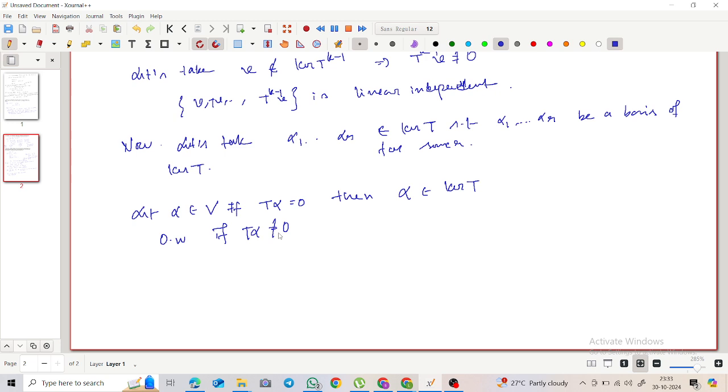Wait a minute, this is taking very long. So I am stating the claim here. We will try to prove this. If T is nilpotent, then the rank of T is equal to the degree of the minimal polynomial.